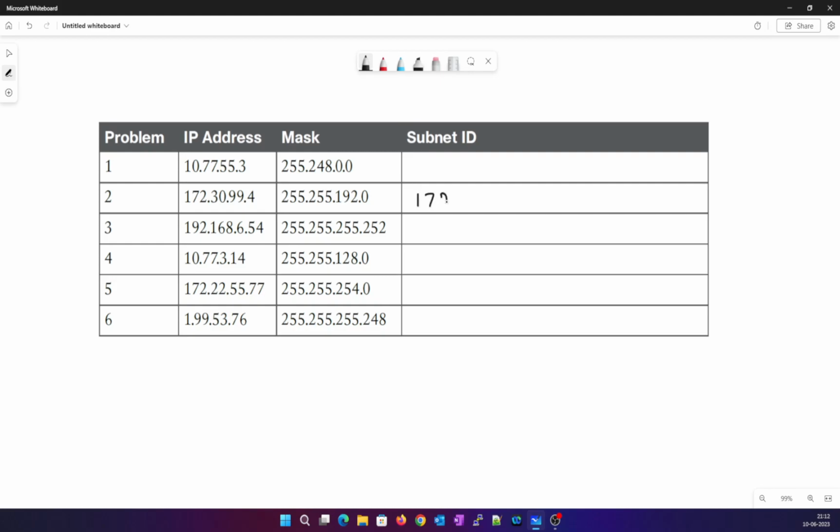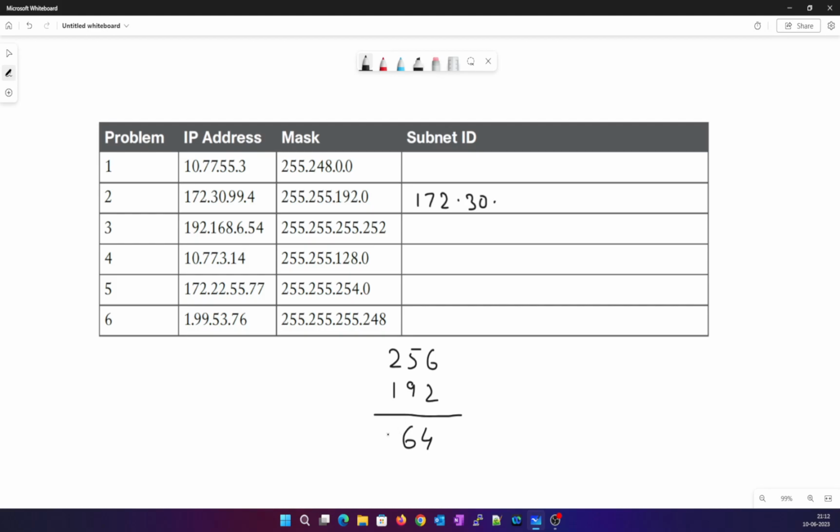172.30 is what we have found till now. So we need to find what would be the subnet ID for this. Now the subnet ID is found using the magic number, that is 256 minus 192, because this is the difficult mask, and we get a value of 64.